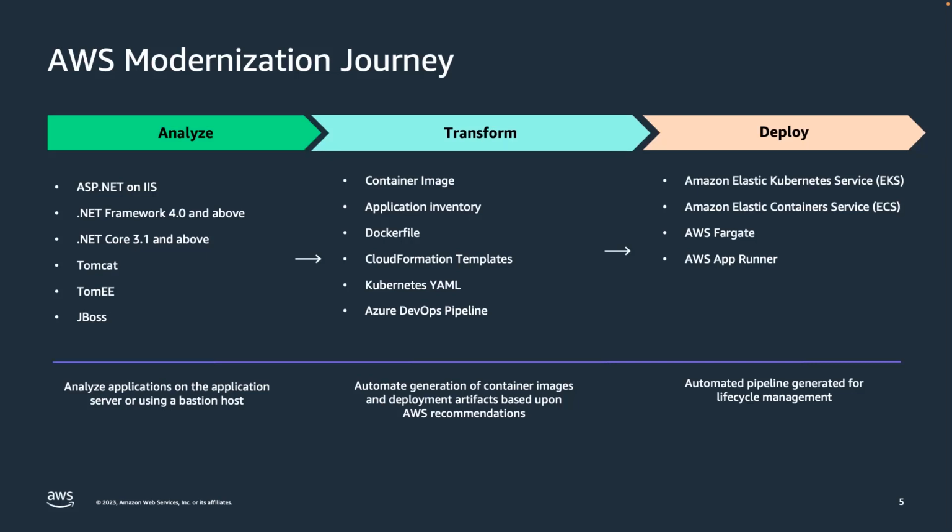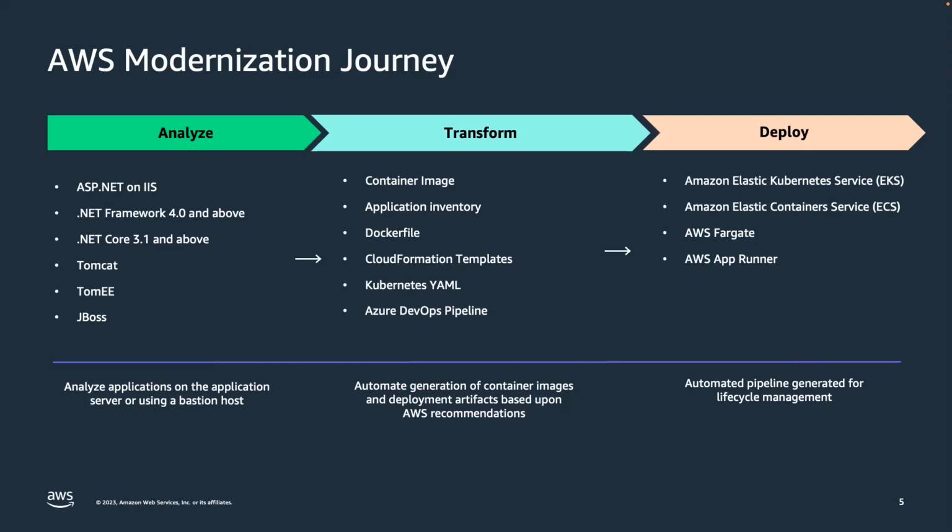Once we finish with the analysis, we move to the transform phase. In the transform phase, apt2container collects all the needed information from the source server and creates deployment artifacts. apt2container provides a complete, editable applications inventory, so the operator is able to edit the inventory file and decide which application she or he would like to continue with and modernize.